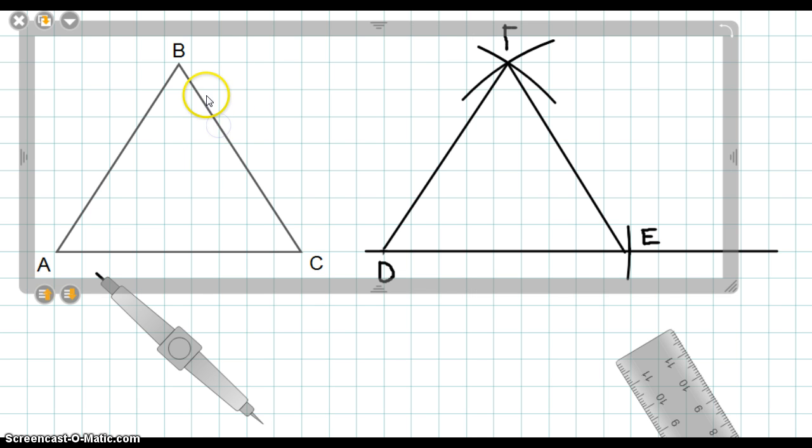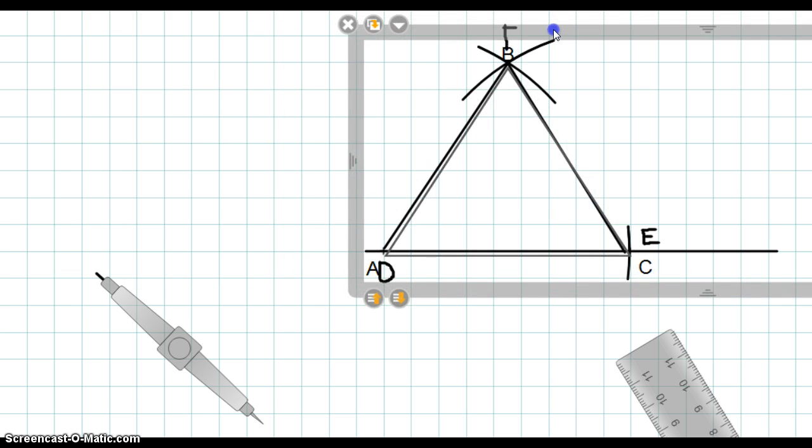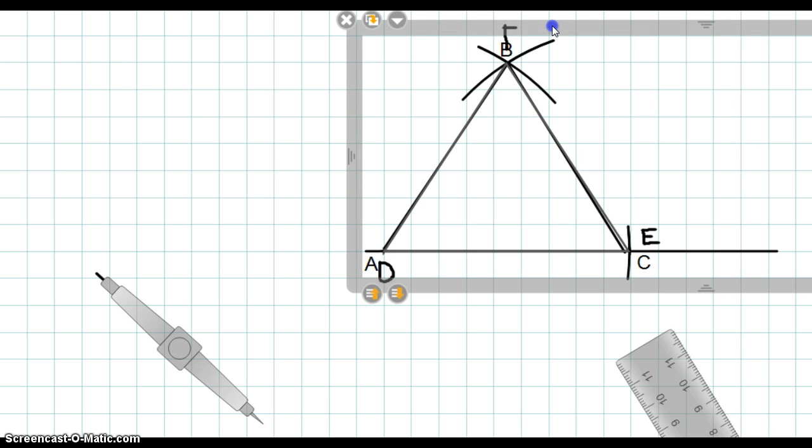I'm going to put triangle ABC on top of DEF. And as you can see, the two triangles are basically the same. So we can say that those two triangles are congruent.